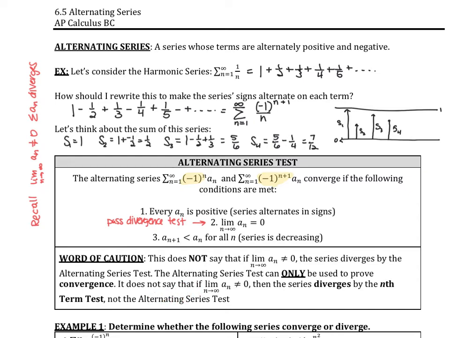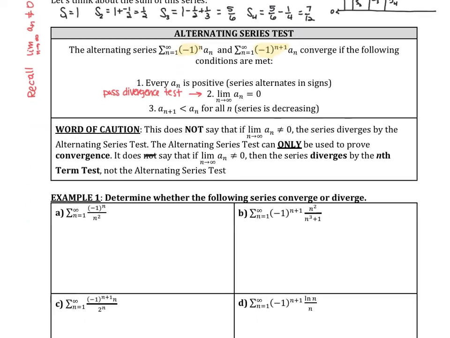What it does say is that if the limit as n approaches infinity of a sub n doesn't equal 0, then the series diverges by the divergence test. But we can't use the alternating series test to prove divergence. Well, let's look at some examples of how we apply these three conditions.